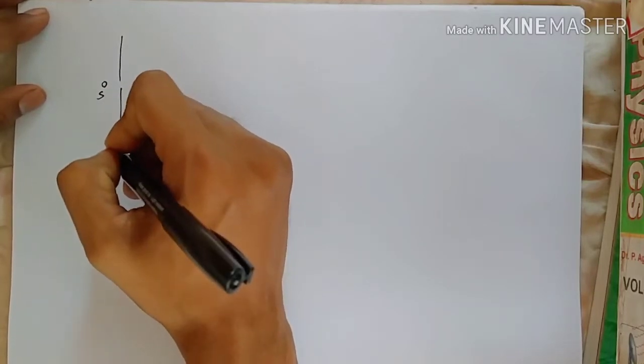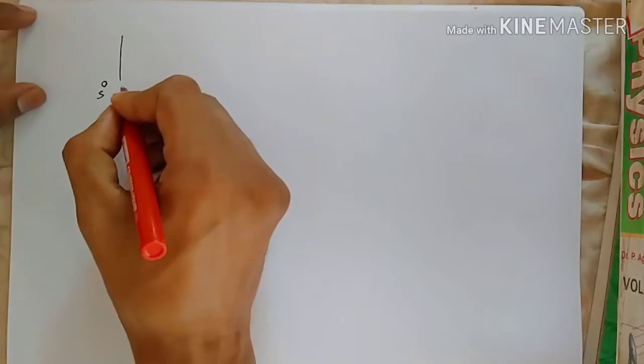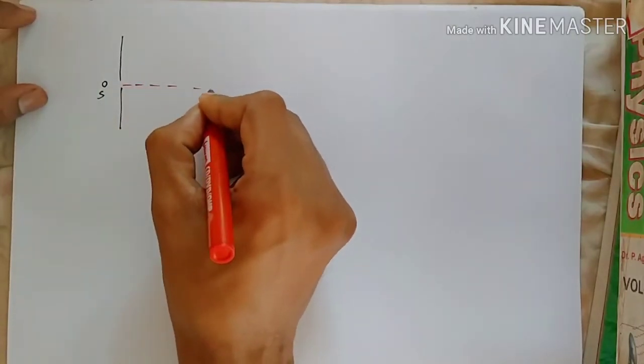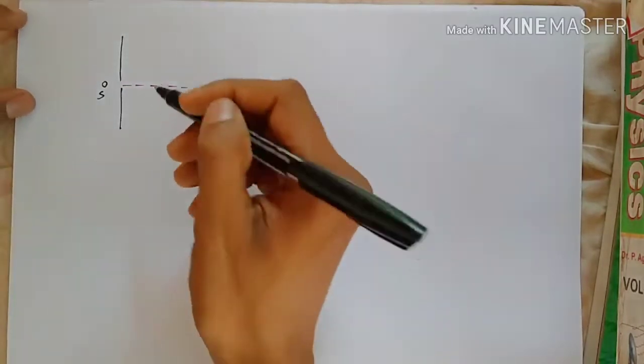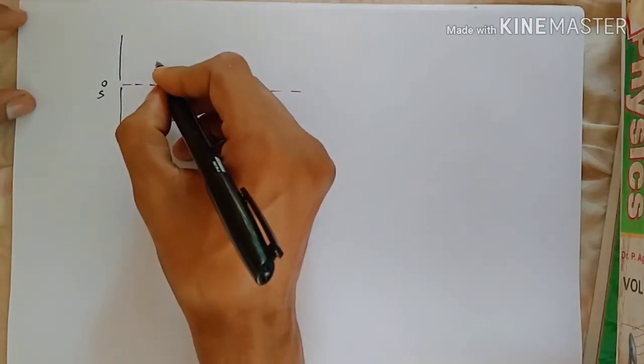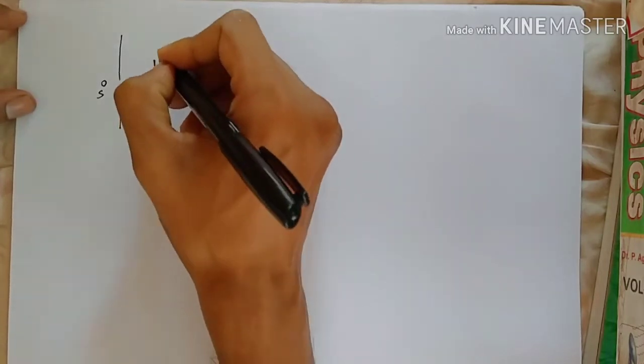This is our single slit, and let me draw a dotted line from this single slit like this, and I'll explain it later. Now we are drawing a double slit in front of that single slit.